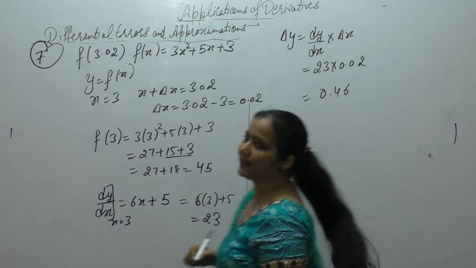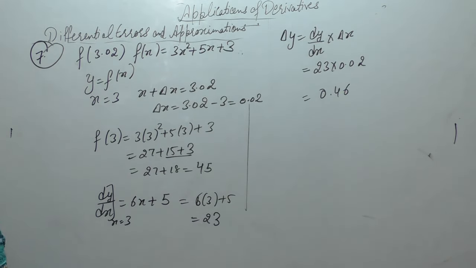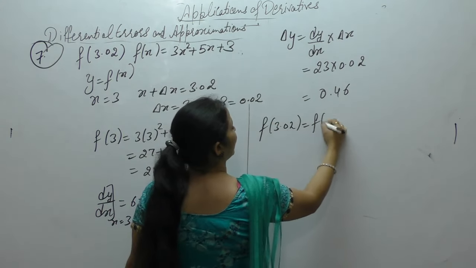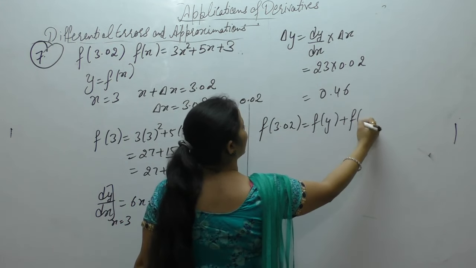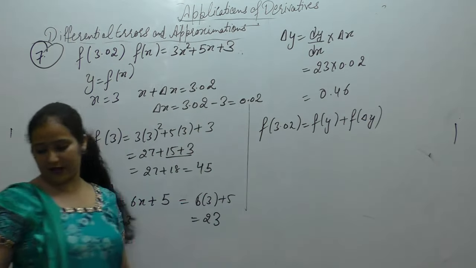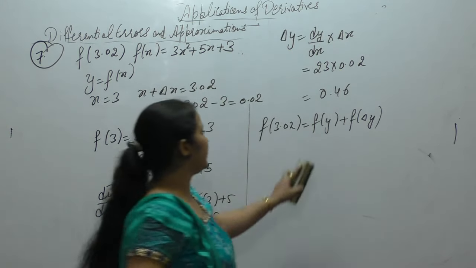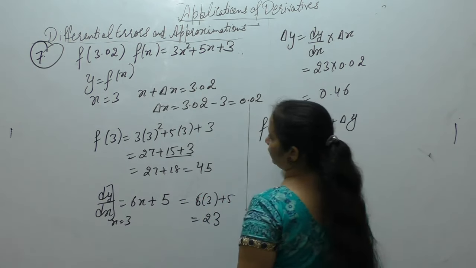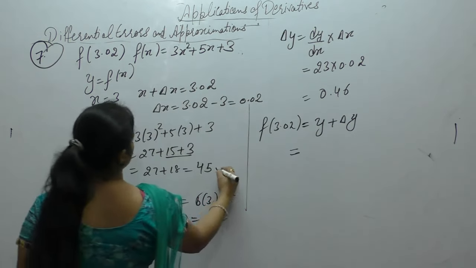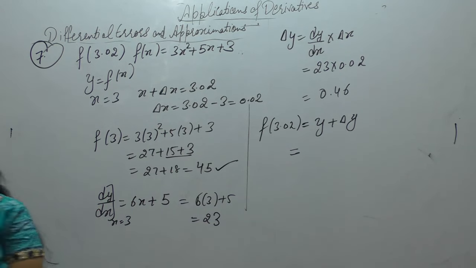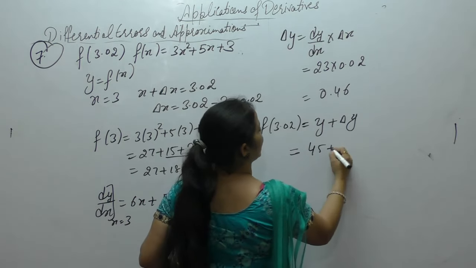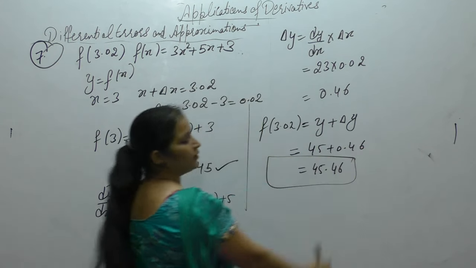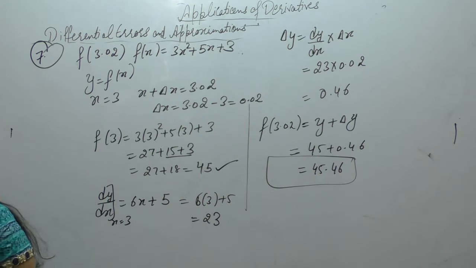So we get 0.46. Therefore f(3.02) is y plus delta y. What is the value of y? y is f(x), that is 45, plus 0.46. So we get 45.46. Note it down.